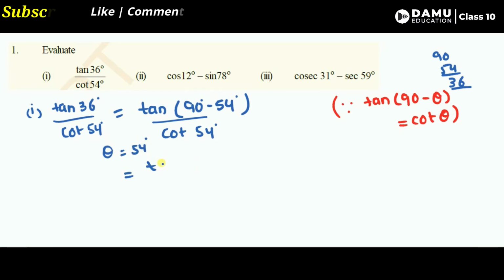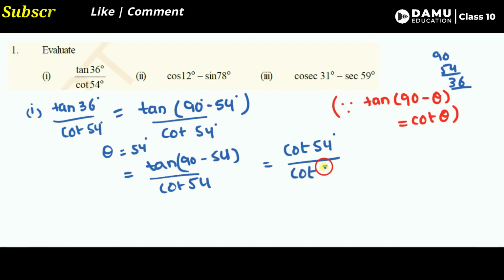Then tan (90 minus 54) divided by cot 54 gives cot 54 degrees divided by cot 54 degrees. Both will cancel, and we get 1. So this is the value we get.